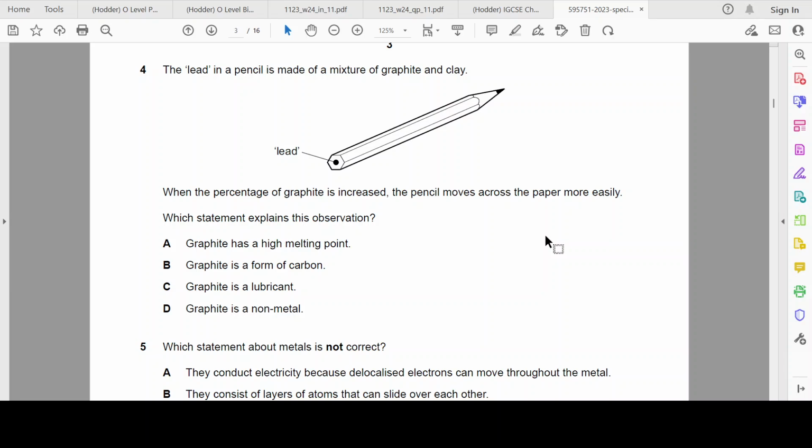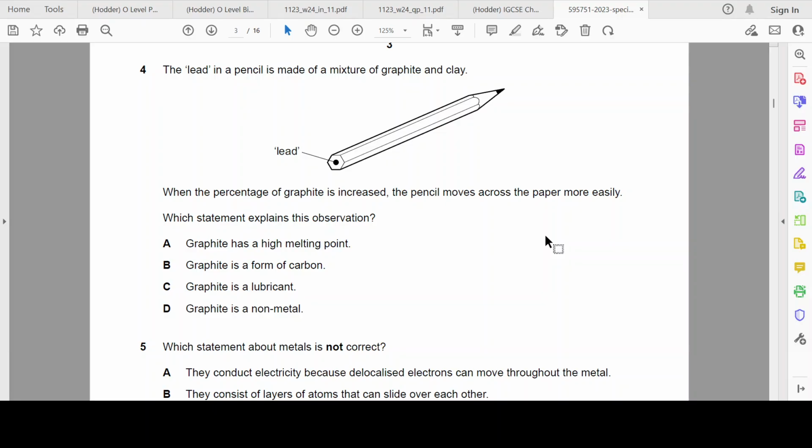And high melting point is not relevant. That's a good one, it's not relevant. It is a form of carbon and graphite is a non-metal. So which one of these two would be the answer? B. Graphite is a form of carbon.